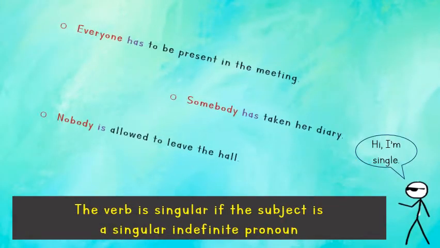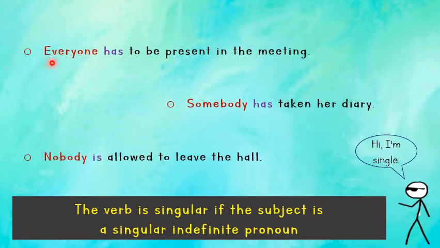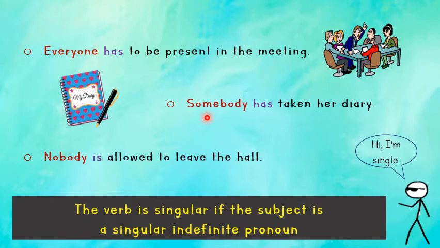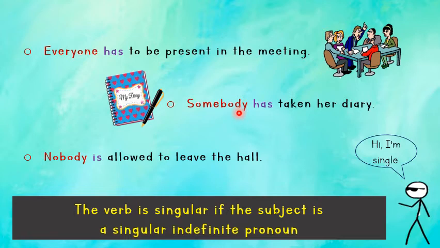Okay, so everyone has, okay, singular verb, has to be present in the meeting. Everyone has to be present in the meeting. Somebody, seseorang, has taken her diary.